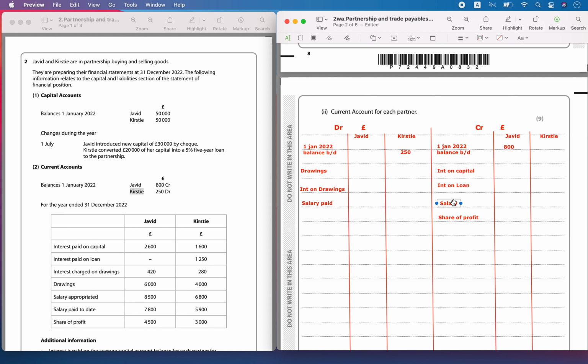Let's calculate this and include all of them. First, interest on capital is 2600, then 1600 for Kirstie. Then interest on the loan: this is nothing for Javid, and Kirstie had 1250.